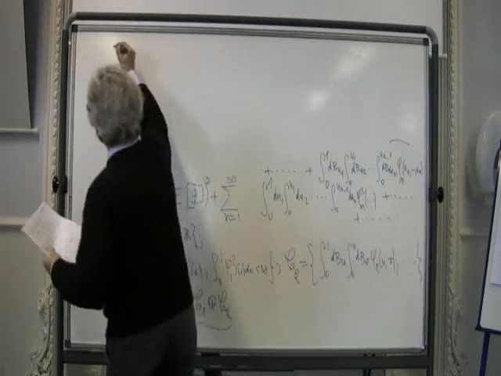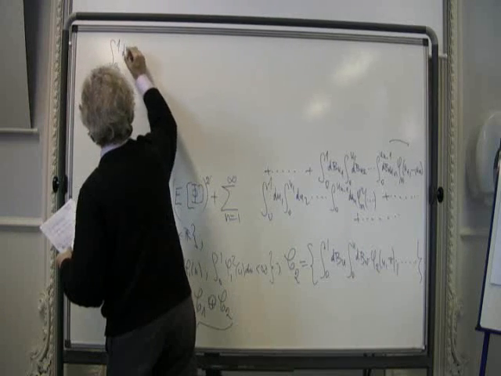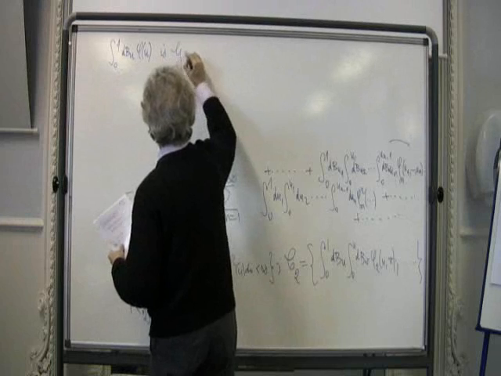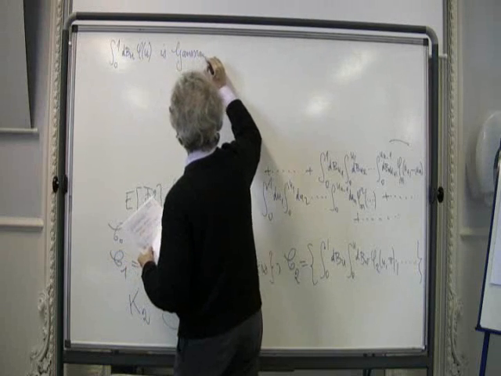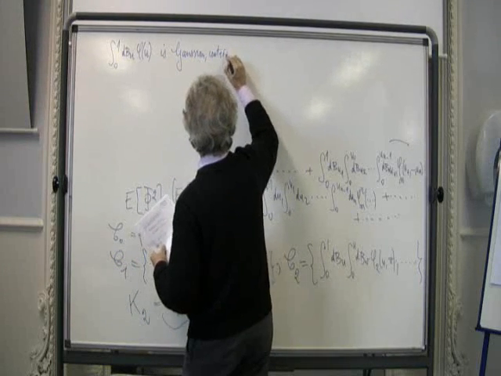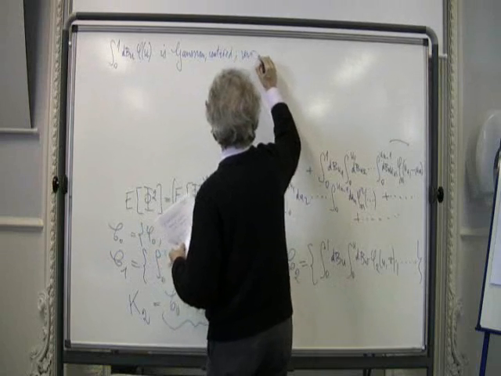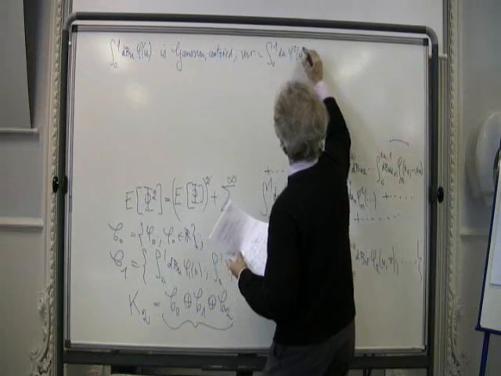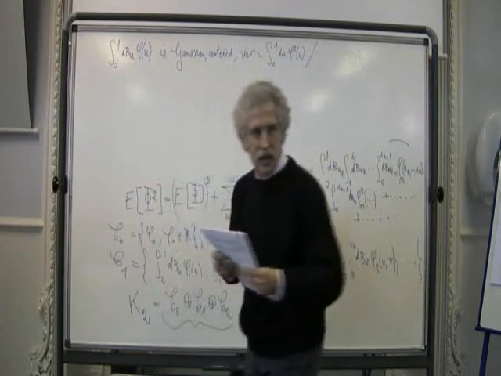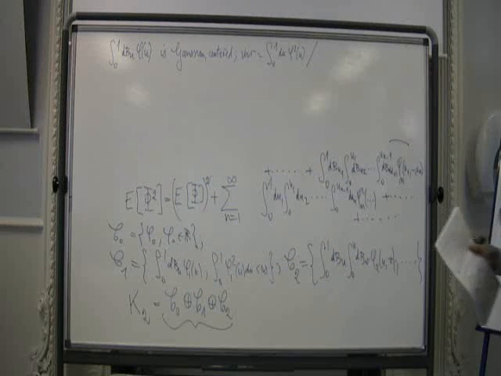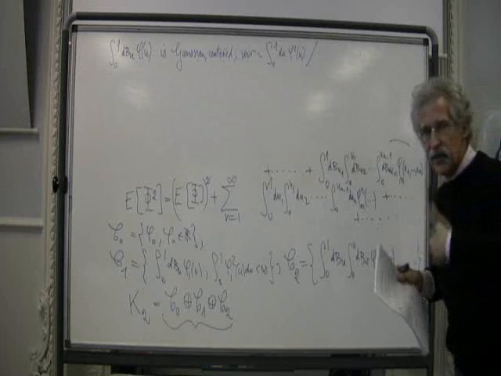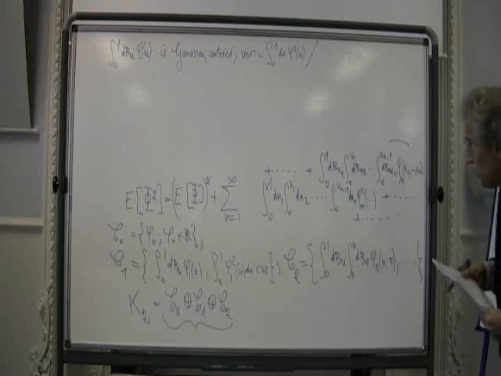So the integral 0 to 1 dB_u phi of u is Gaussian, centered, and has variance equal to integral 0 to 1 du phi(u) squared. In fact, of course, you can have many different phi's which will give you the same distribution, but you know exactly how things are happening.